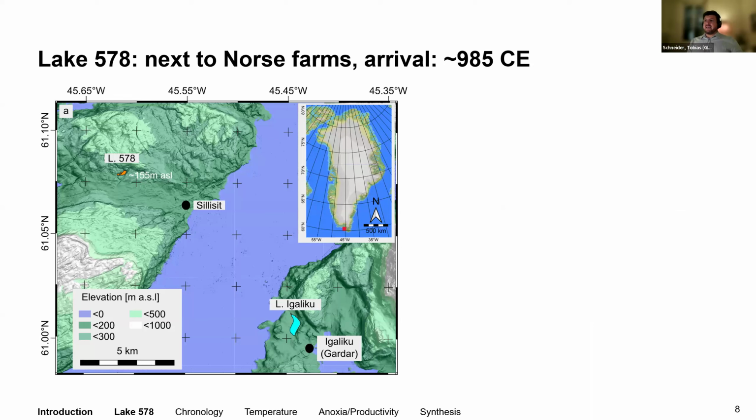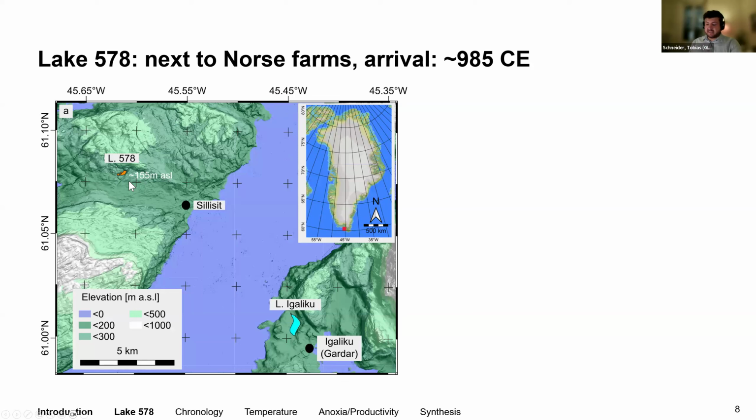So Lake 578 is a relatively small lake. It's situated in southern Greenland, here in the Eastern Settlement of the Norse. The Norse arrived there led by Erik the Red in roughly 985 CE. And that's actually the fjord here where they arrived, and they probably arrived up here somewhere. And as you can see, Lake 578 is this small orange area here.